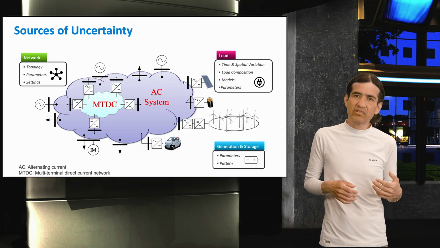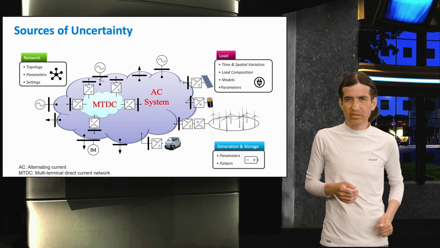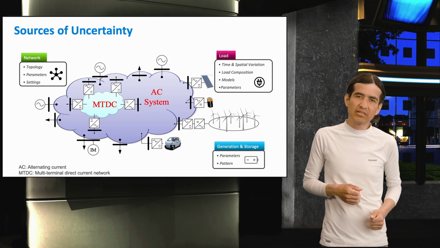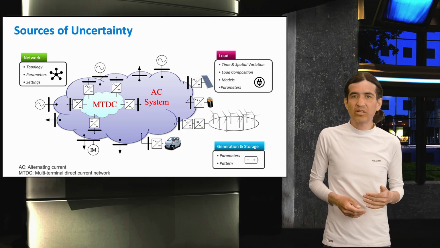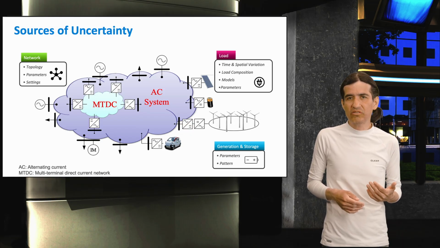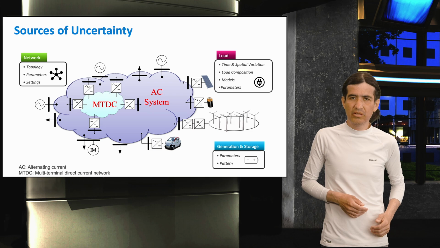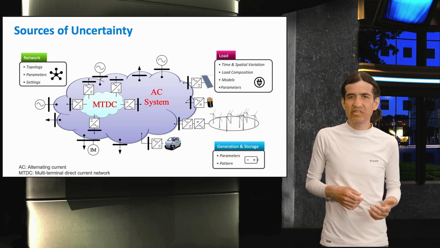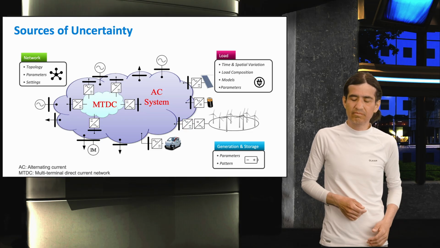Also, loads get connected and disconnected at any time. Think also of the reliability of each component. For instance, instead of working with 10 generators, the system might be suddenly working with 9 generators due to a failure. Less frequently, but still possible, the system could also have changes in the network topology itself.